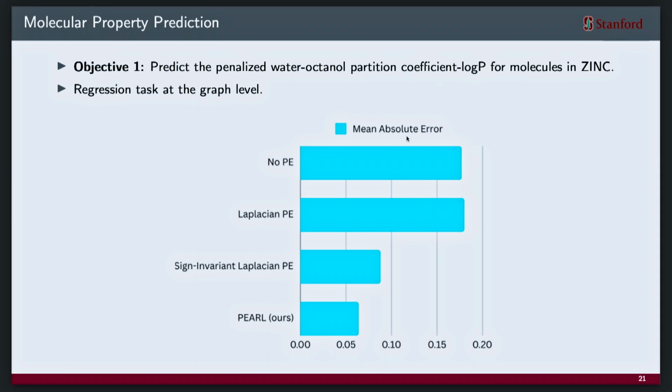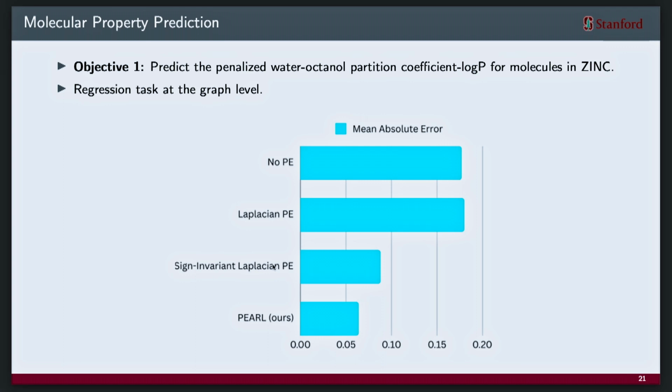And you can see here on the y-axis a method that doesn't use any positional encodings, a method that uses Laplacian positional encodings, another one which is an invariant version of Laplacian positional encodings, and our proposed method, which is called PEARL. As you can see, our proposed method is almost, I would say, 3 times or 2 times better than methods without positional encodings, and somehow 20% better than the best competing alternative.